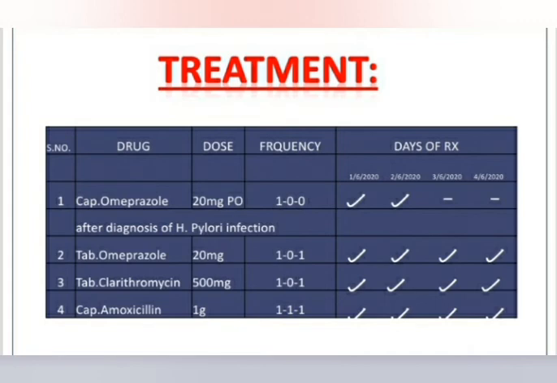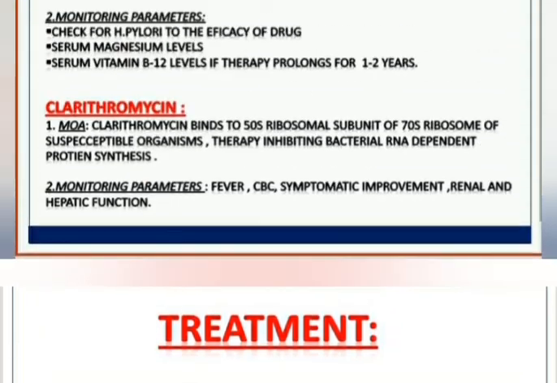So basically, I'll just tell you how it should be read. For the second one, I will give an example. Next, a tablet omeprazole was given 20 mg orally twice a day. That is one in the morning and one in the evening. For 4 consecutive days, it was prescribed. So in this way, you have to read out each item of your treatment chart, whatever was prescribed in the hospital.